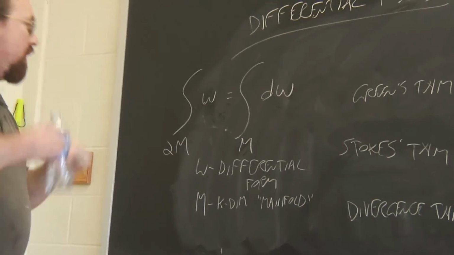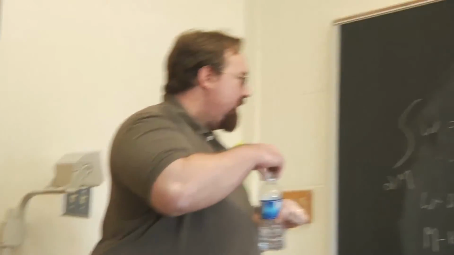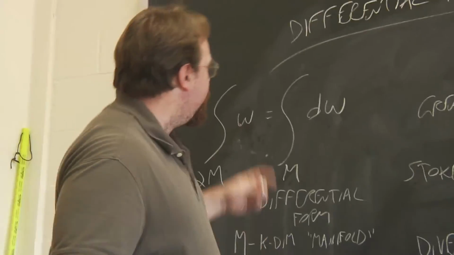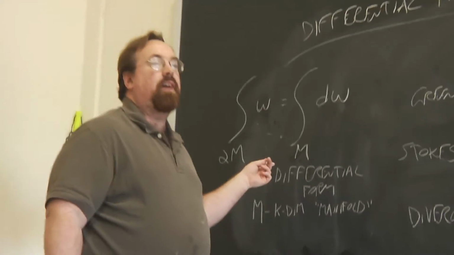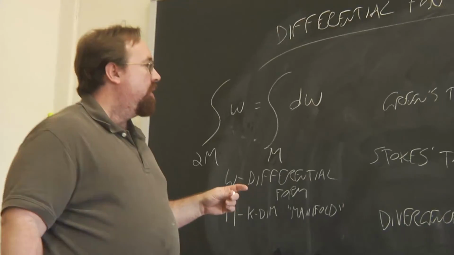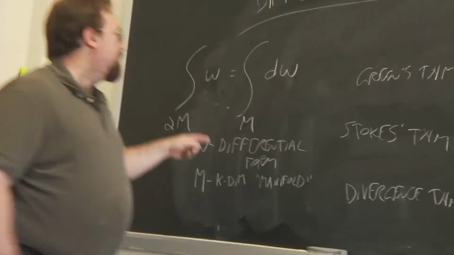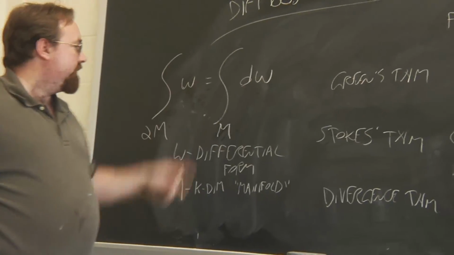Differential forms will. So that's the point of this week: to define what differential forms are, how to work with them, and then by re-examining all these theorems, we'll find that all of them are equivalent to this.